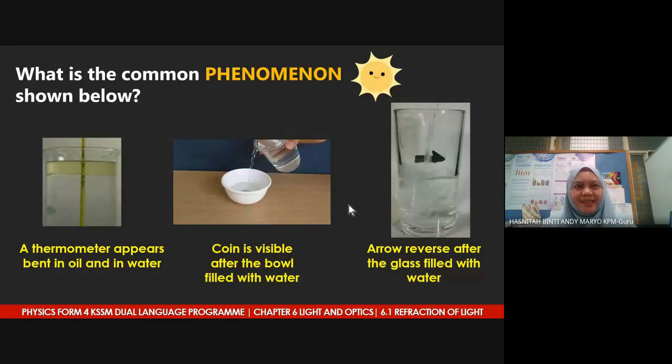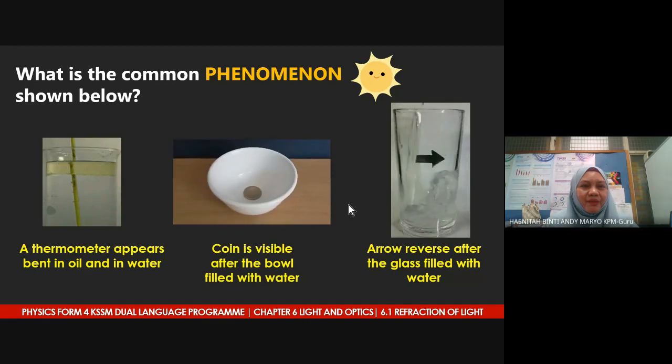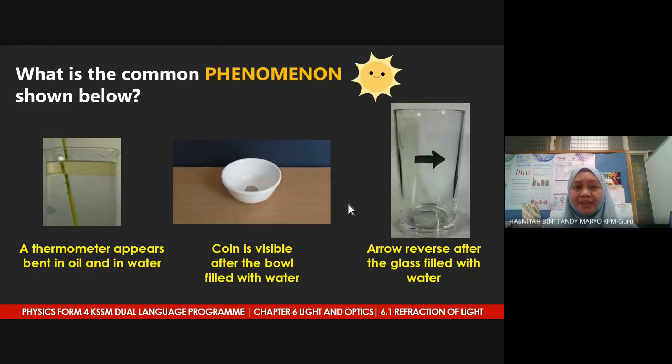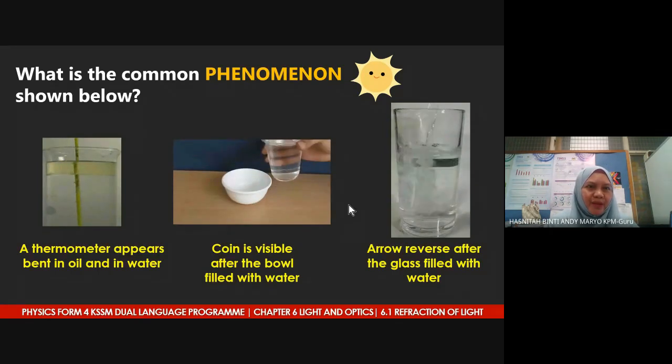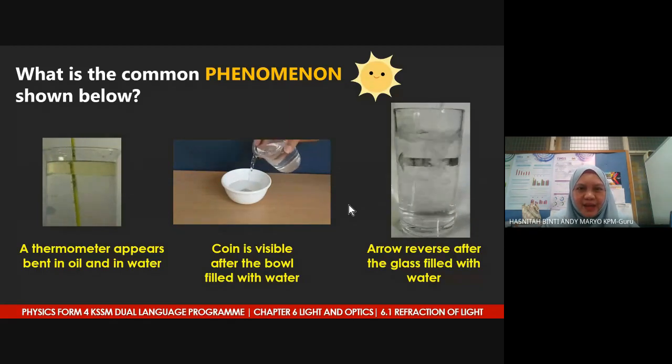All these things except the thermometer can be found in your kitchen. In the first diagram, a thermometer appears to be bent in oil and water. You can see it bend when the thermometer moves through the oil on the top layer and the water at the bottom.